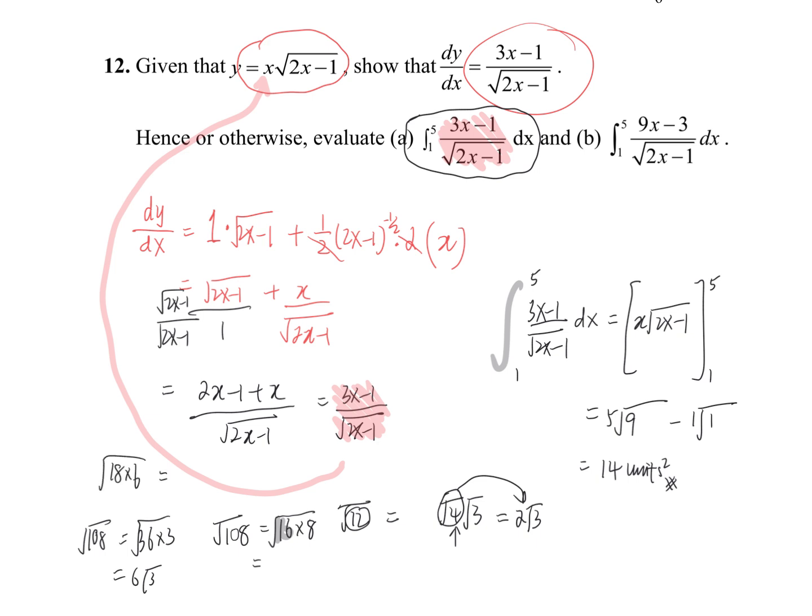The 18 we don't want, 9 then we can. So we split 9 from 36, and square root 36 is 6. So 108 is 36 times 3, so it is 6 root 3.